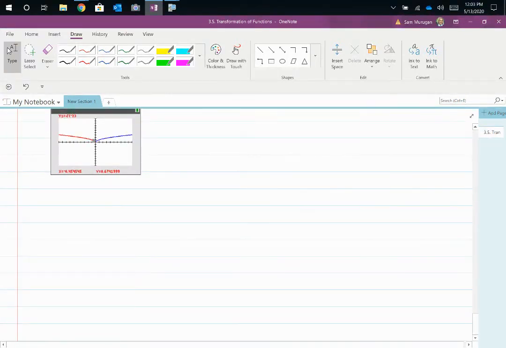So f of x, one more example here, equals to, say, minus square root of x.